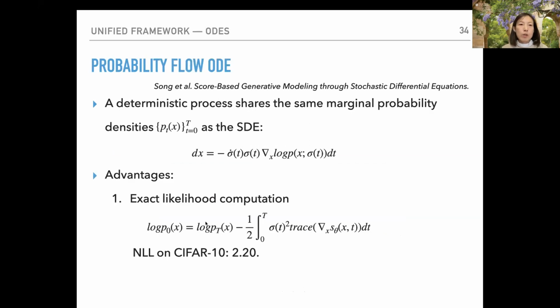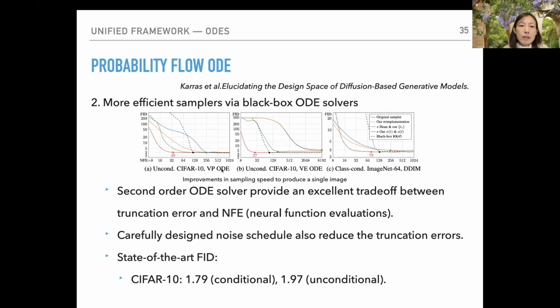And finally, I will introduce the probability flow ODE. It is a deterministic process that shares the same marginal probability density as the SDE. It has several advantages. First of all, because it is a deterministic process, it can exactly get the likelihood of the data distribution. And second, if we use a black box ODE solver, we can get a more efficient sampler.